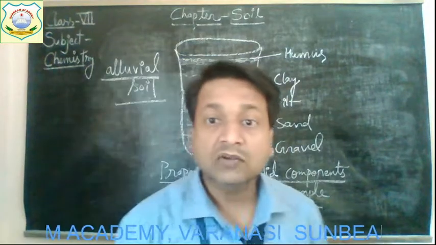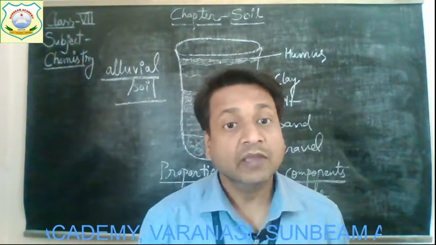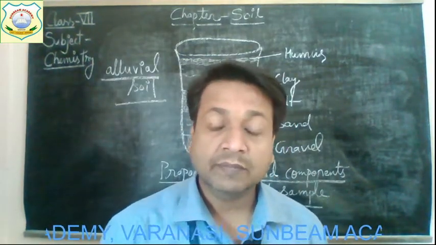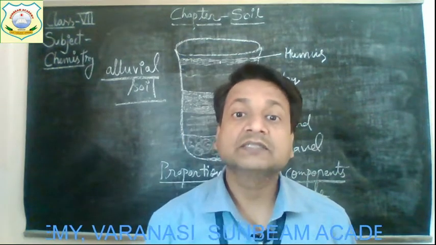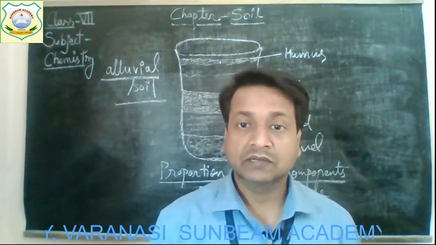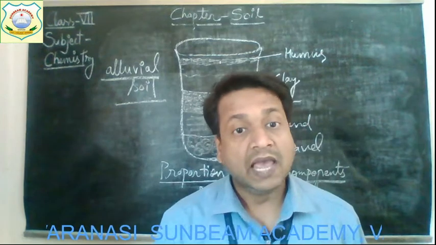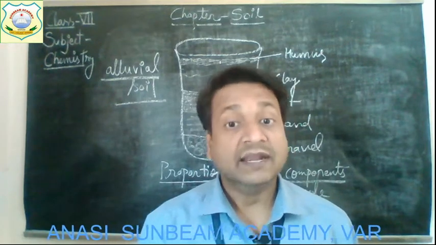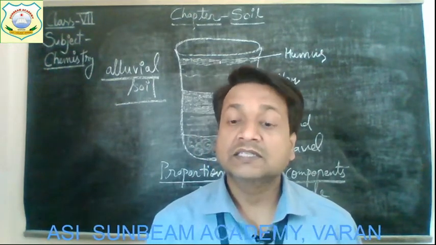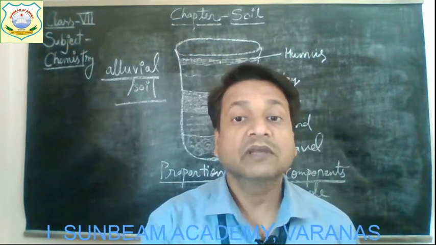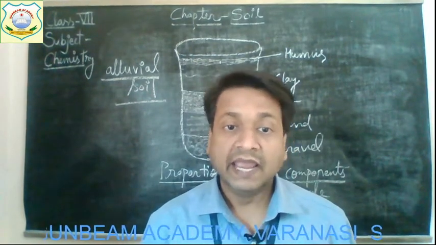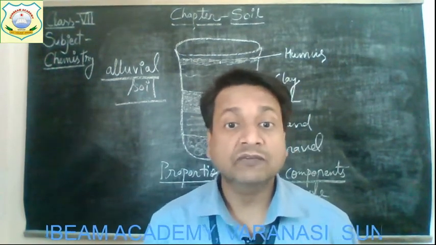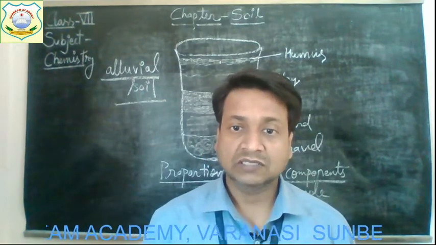So how is alluvial soil made? Because of the picking up and dropping of the rock particles by the flow of the river, they form the alluvial soil. And this type of soil consists of a mixture of clay, sand and silt and is therefore loamy in texture.